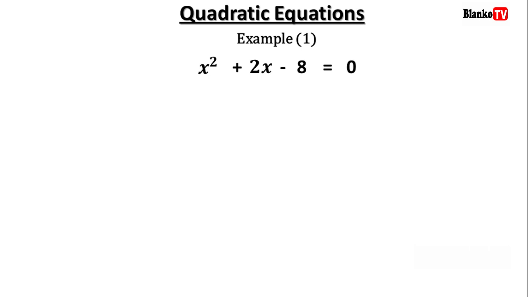What we do first is find the factors of x squared, which is x times x. We place them in brackets like this: x, then x, meaning whatever is in this bracket is multiplying whatever is in the other bracket.